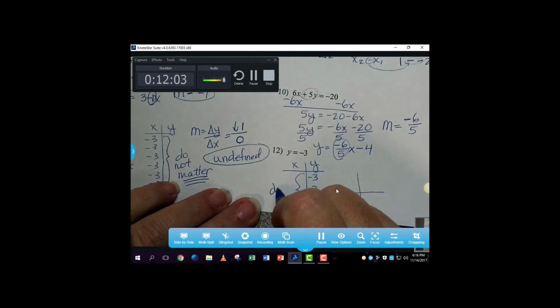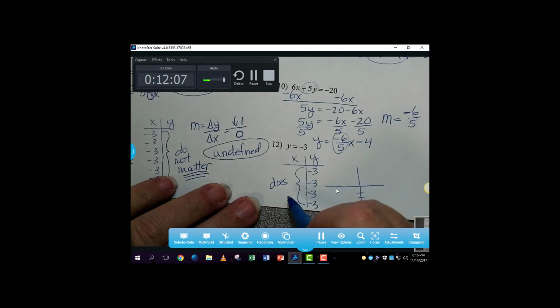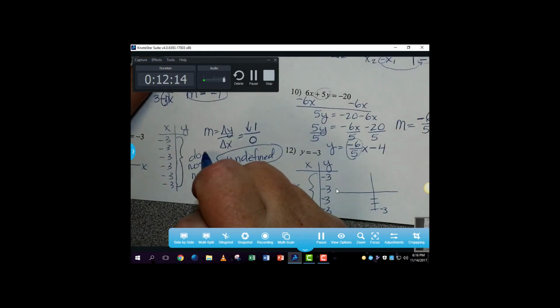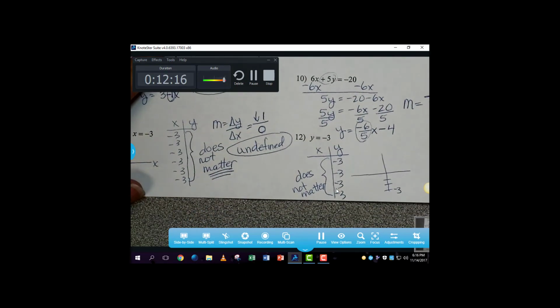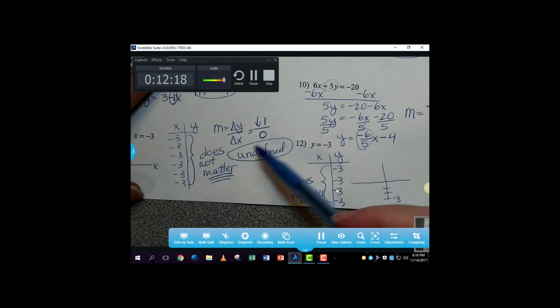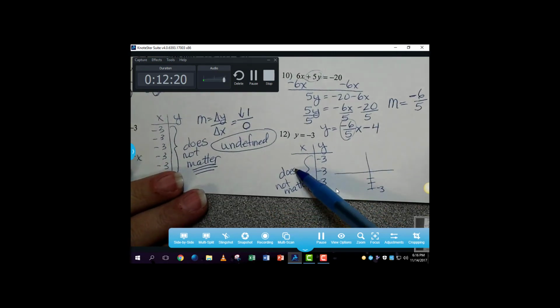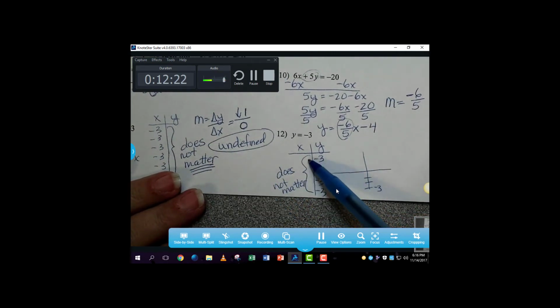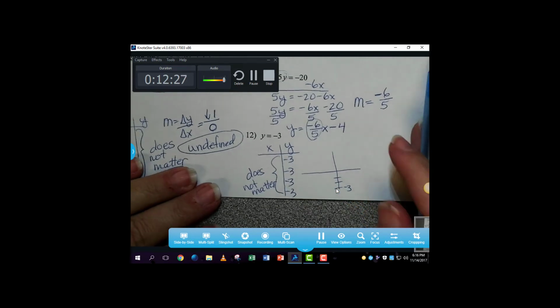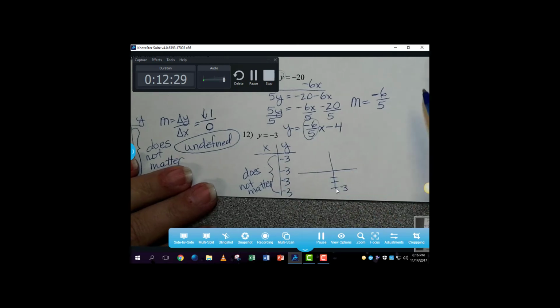Did you notice I wrote "do not matter" for the last one? Please don't tell your English teacher on me. Does not matter what the x values are. Let me fix that. I might be the math teacher, but I still want to speak and write intelligently. Okay, so over here the x values do not matter.